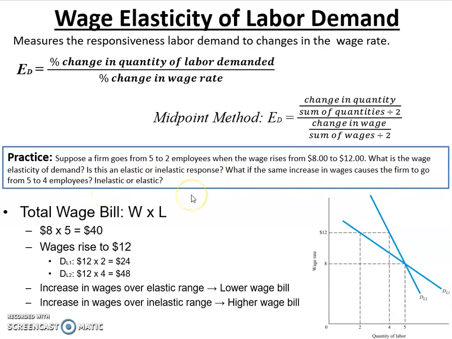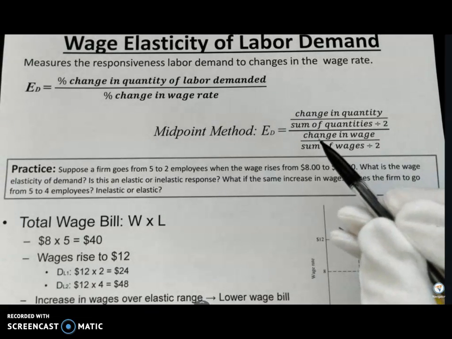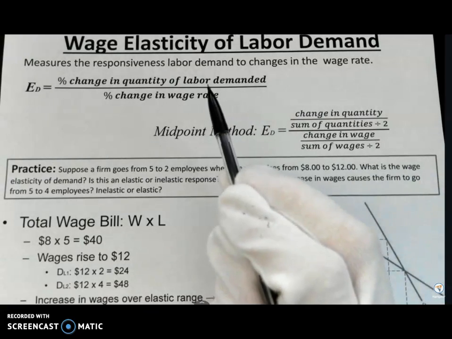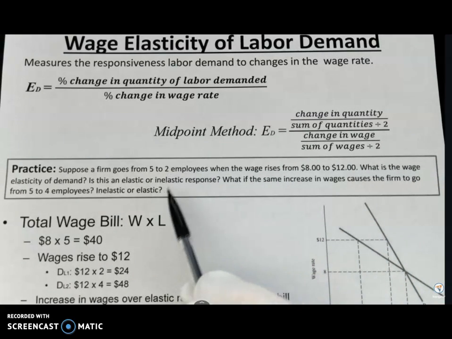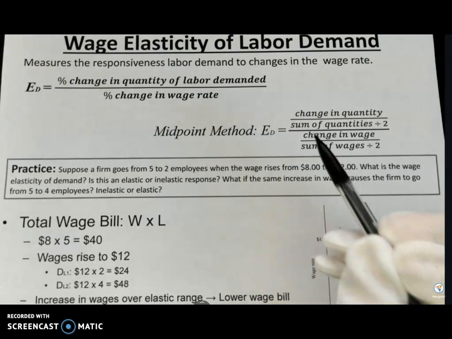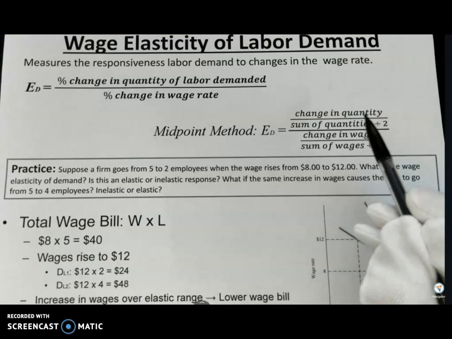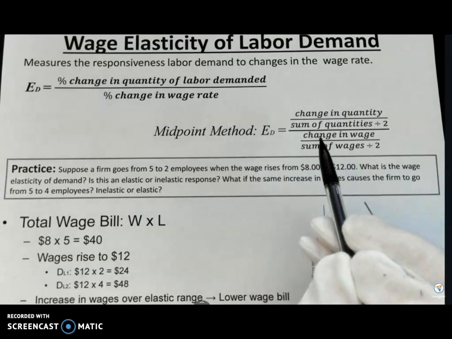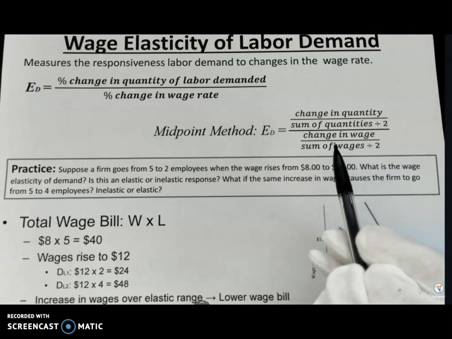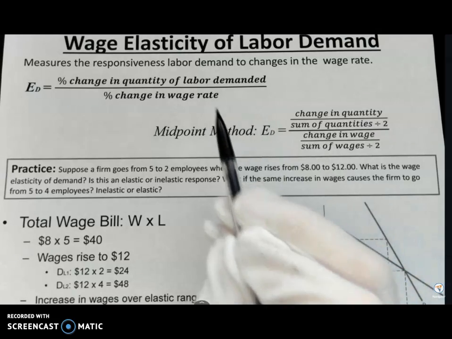Inelastic or elastic? Okay, let's practice this. First thing we're going to do is recognize that we don't have percentages in this example here. So we're going to need to use the midpoint method to calculate our percentage numerator, this, and the midpoint method to calculate our percentage denominator, this.